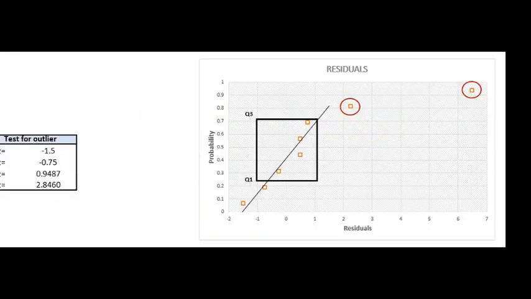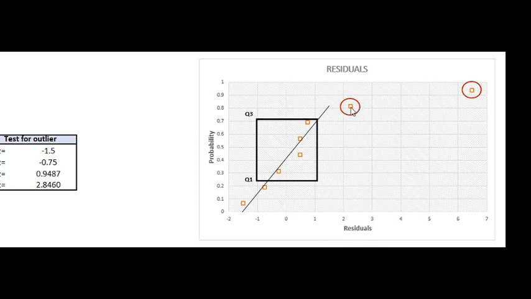We can plot our residuals. The residuals plot has the residuals on the horizontal axis and the probability on the vertical axis. We made this square around the 0 that corresponds to the 3rd and the 1st quartile, and we made this line that corresponds to the linear regression.